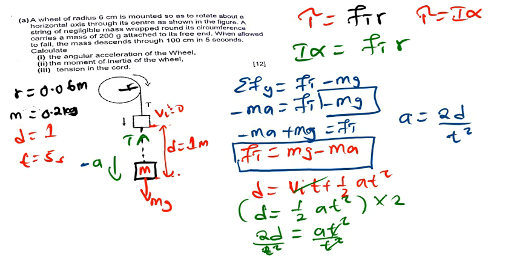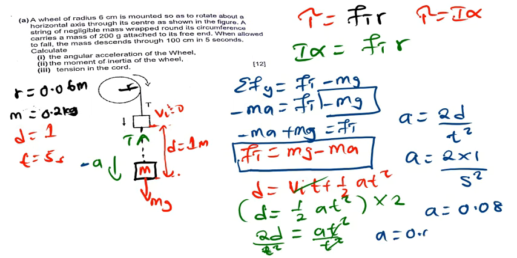So acceleration will be 2 times 1 divided by t, which is 5, but we square it. 2 times 1 is just 2. I divide by 5 squared, which is 25. So the acceleration is 0.08. Let me put it here. Acceleration is 0.08 meters per second squared.